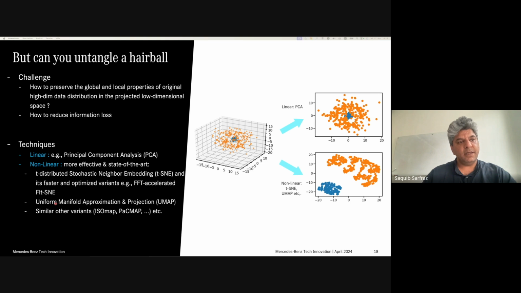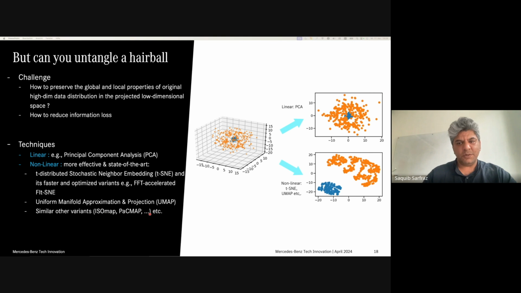Similarly, another very famous state-of-the-art dimensionality reduction algorithm currently is UMAP, which stands for Uniform Manifold Approximation and Projection. There are similar other variants, Isomap, and so on, which are doing this.